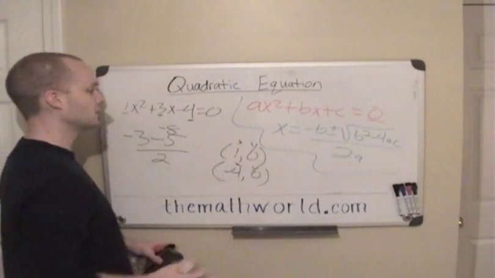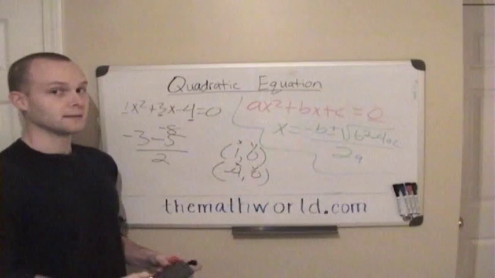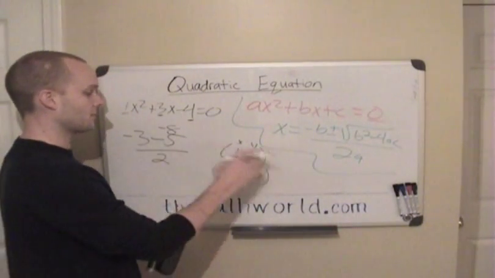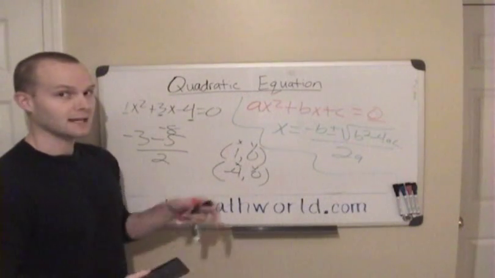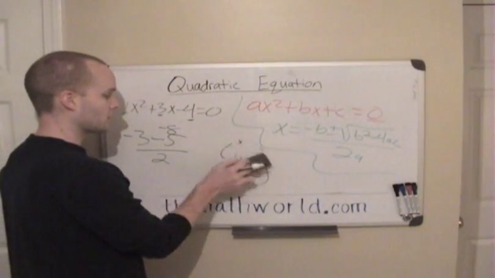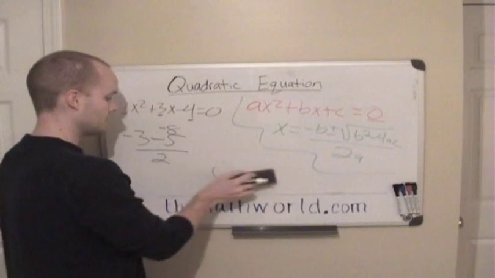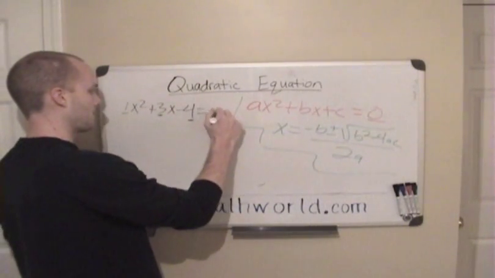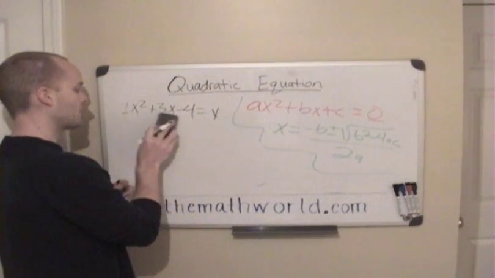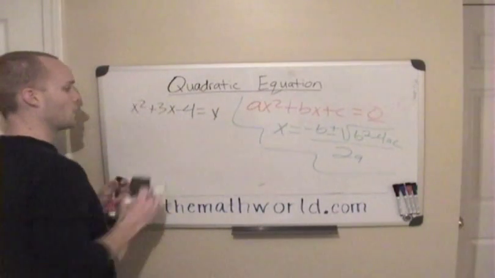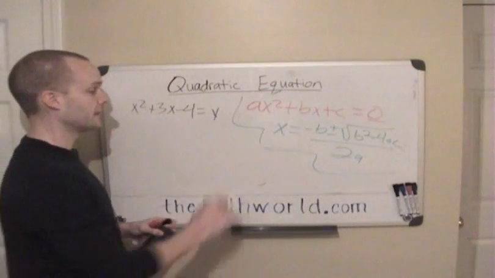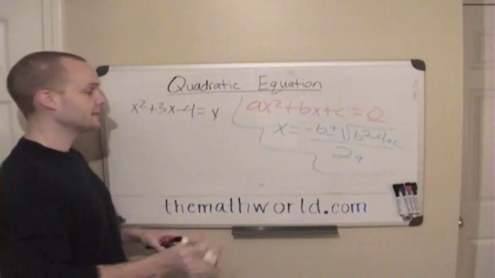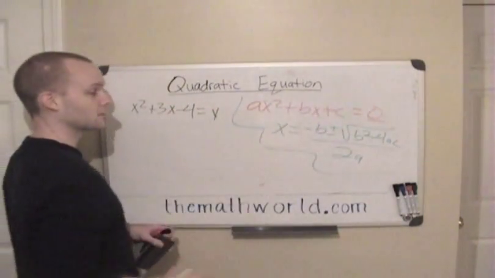You may be asked where it crosses on the y-axis. We've already solved when it crosses on the x-axis. But if you're asked where it crosses on the y-axis, before we were looking where y equals 0, but now we're trying to solve for y when x equals 0. And it's a lot easier than solving for x.